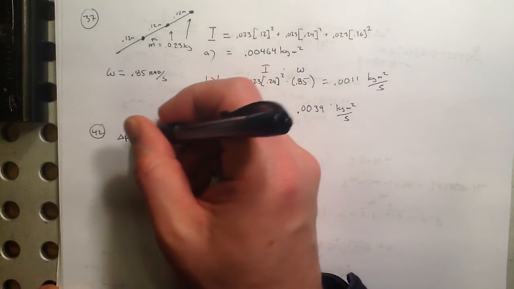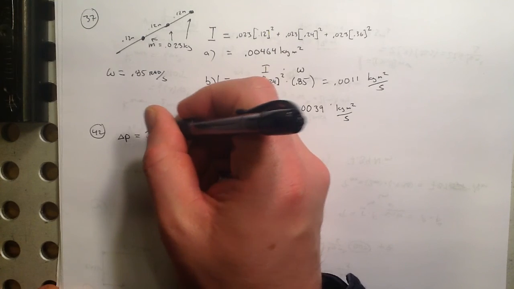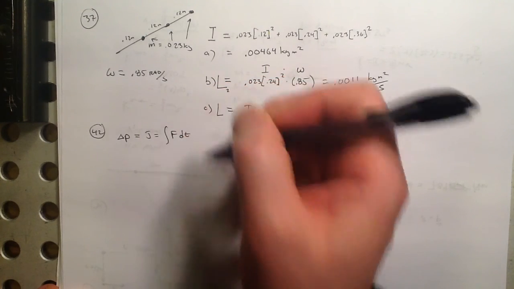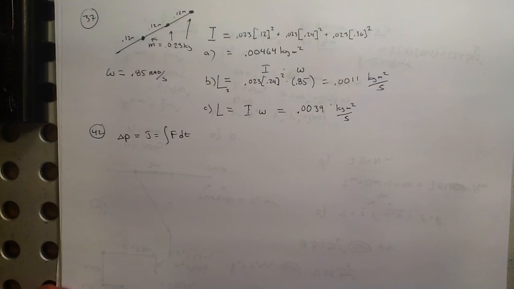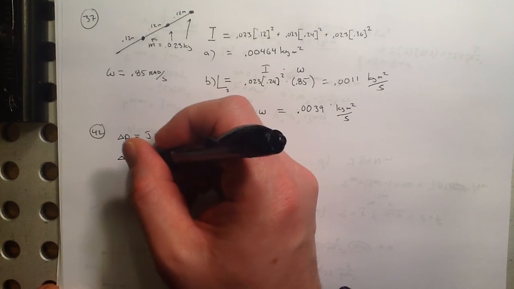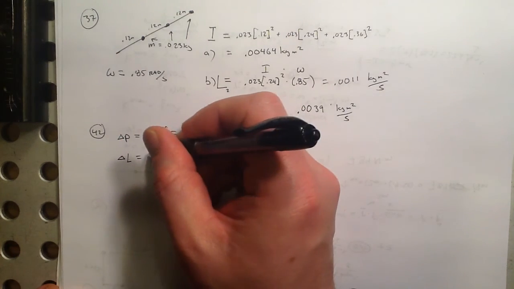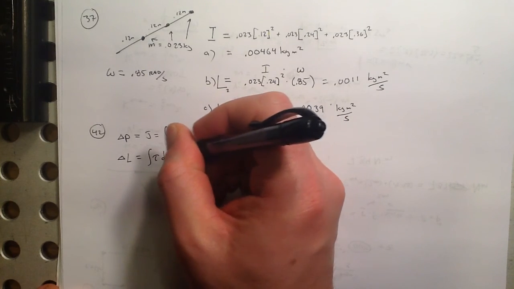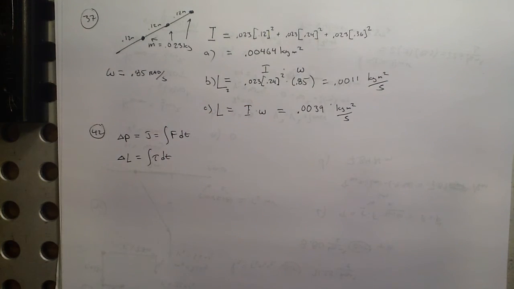That's impulse. Change in momentum is equal to impulse, and impulse is equal to the area under a force-time graph. So that means the change in angular momentum of something is equal to the area under a torque versus time graph. All of our relationships hold up here in the rotational world.